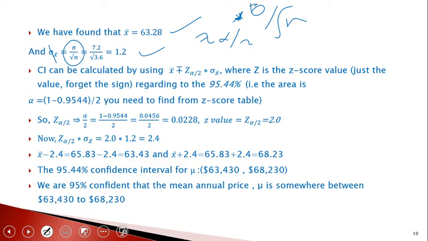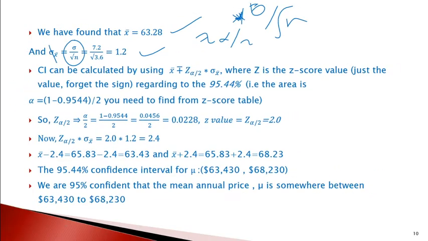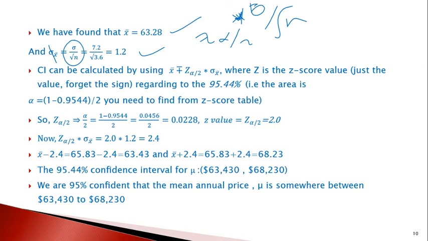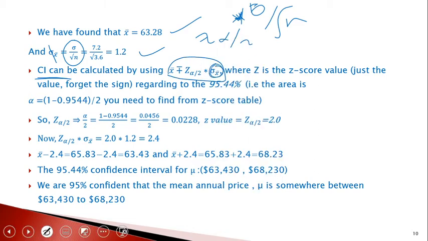This is what you learned in step 2, I guess. You can calculate the confidence interval by using this equation. This means you don't need to worry about this value. This is simply this value.